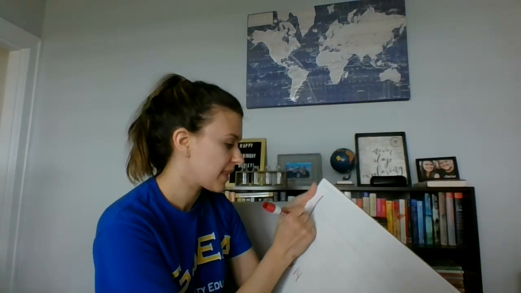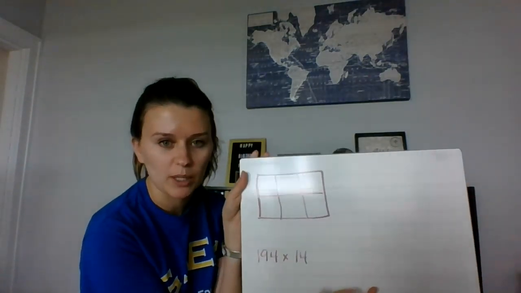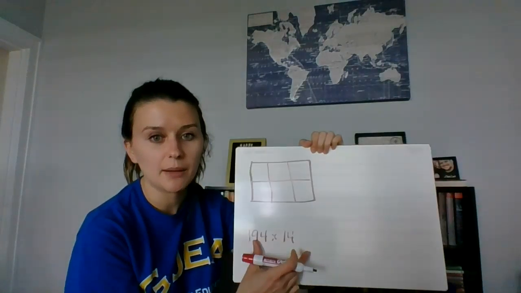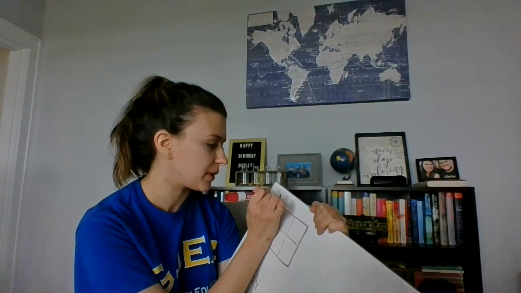There's a couple different strategies that you can use to solve this. The first is that box method, where you would create a 3 by 2 window like this, kind of like we did with our Monday warm-up. And you're going to break your numbers into their hundreds, tens, and ones to help you multiply.